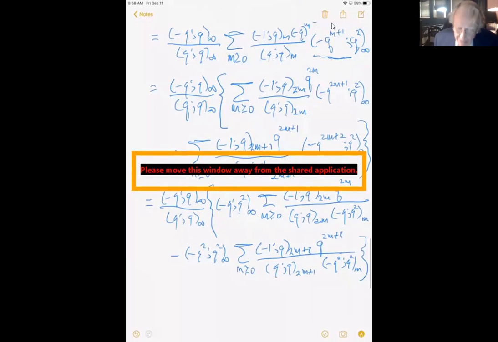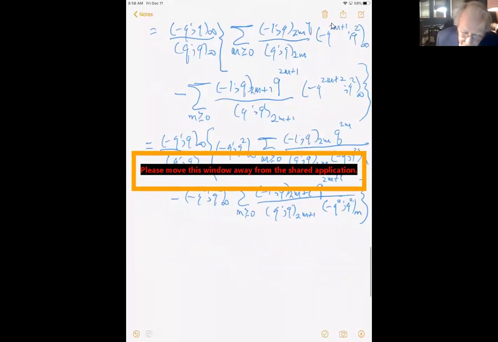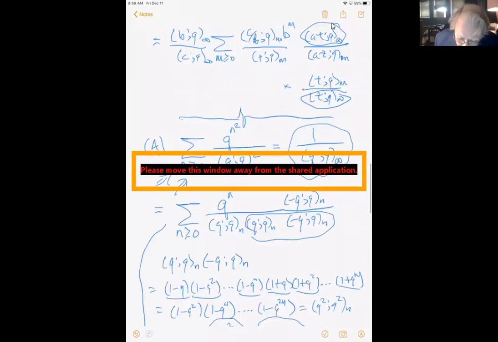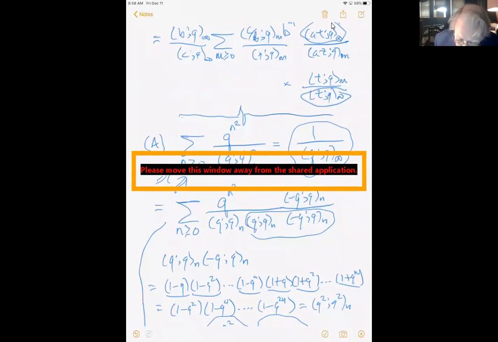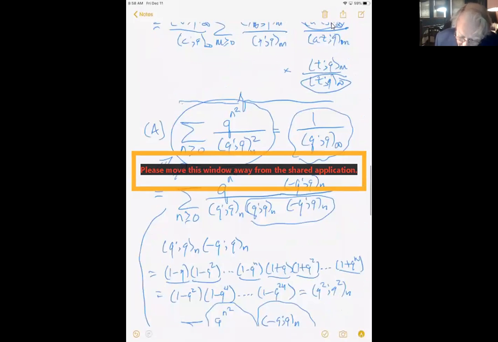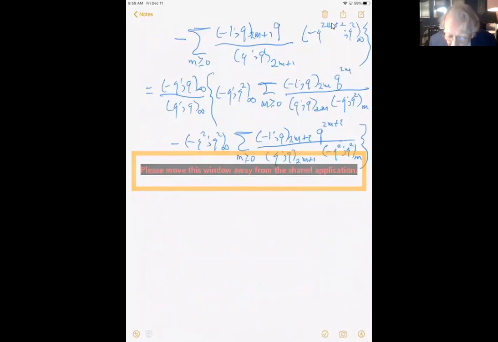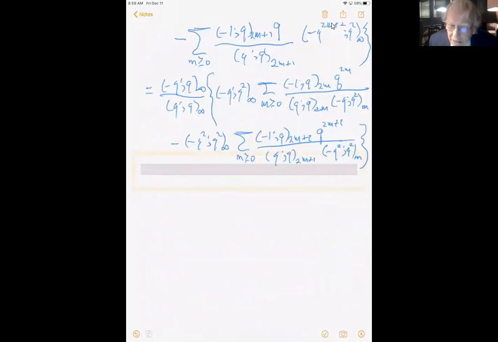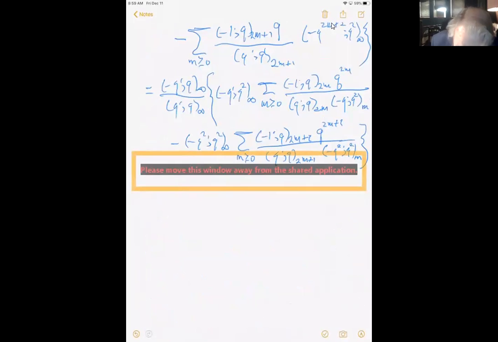Well, notice that we've gone from this very simple beginning into this, what seems like a mess. But there is enough intriguing stuff going on here that one would carry it another step further, and namely, look at minus 1, look at this expression, this quotient.